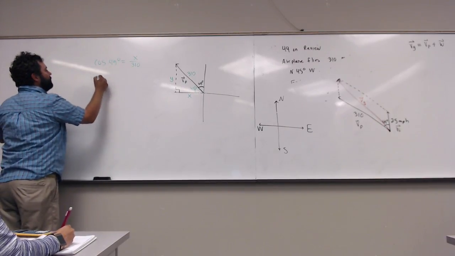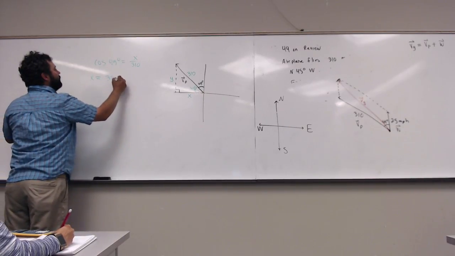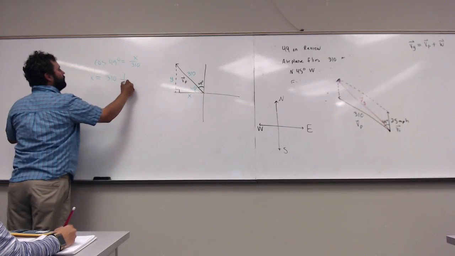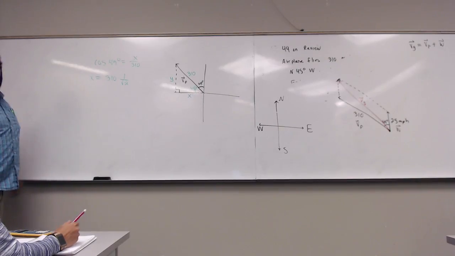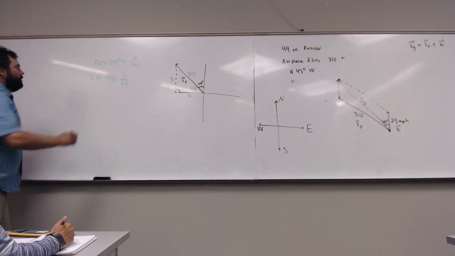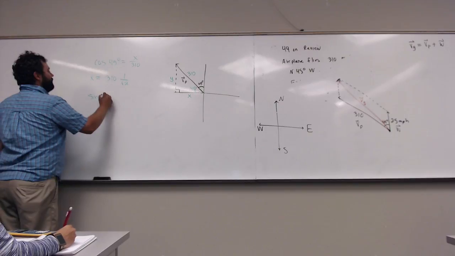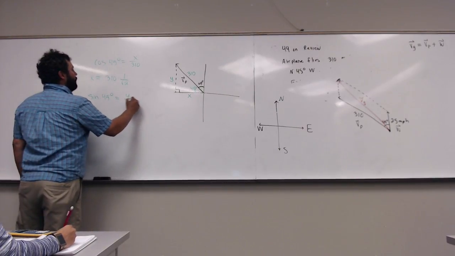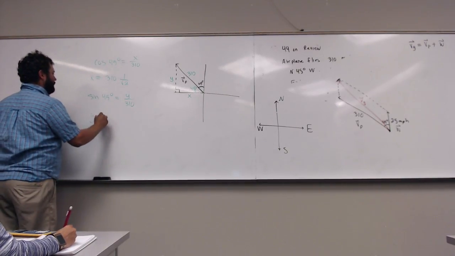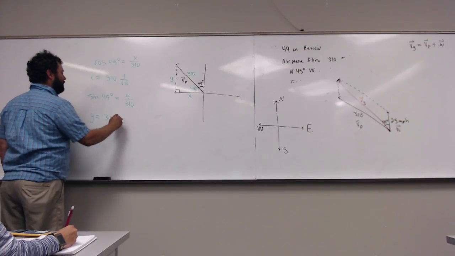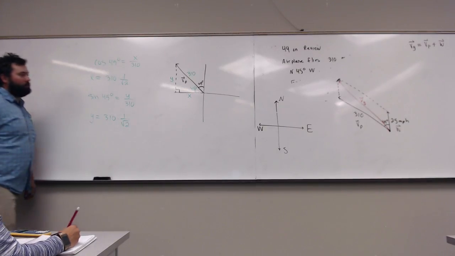So x, you're going to the left, 310 times 1 over root 2 units. Cosine 45 is 1 over root 2. And then you can do the same thing. Sine of 45 degrees is y over 310. So y is 310 sine 45, which is also 1 over root 2.